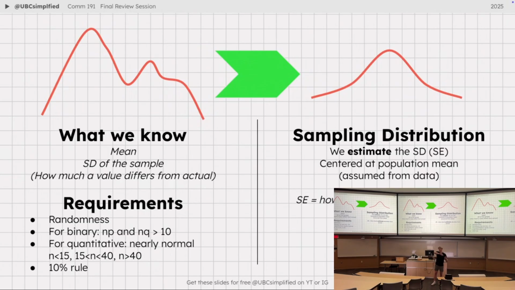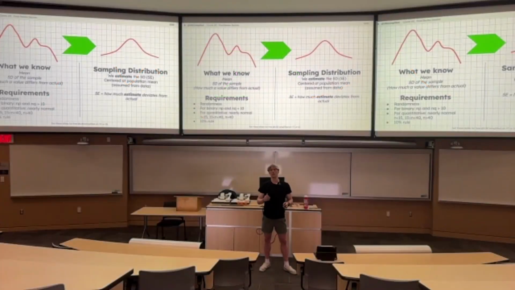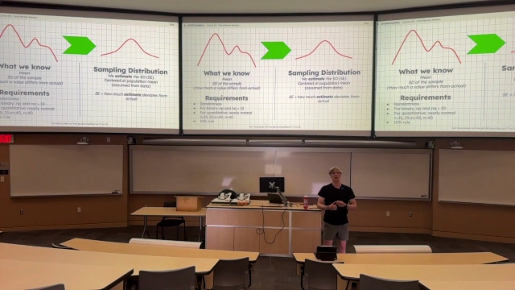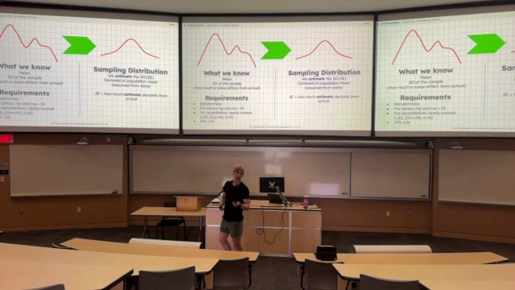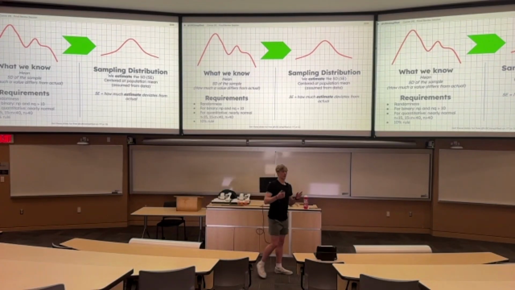So the sampling distribution itself is this imaginary thing that we construct based on information from our sample. We take our sample, we have a little bit of information on that, and then we estimate what that would look like if we were to take a bunch of different samples, because it would become normal if our requirements are true. Those are: one, randomness; for binary data sets, np and nq are greater than 10; and for quantitative data, the nearly normal condition.